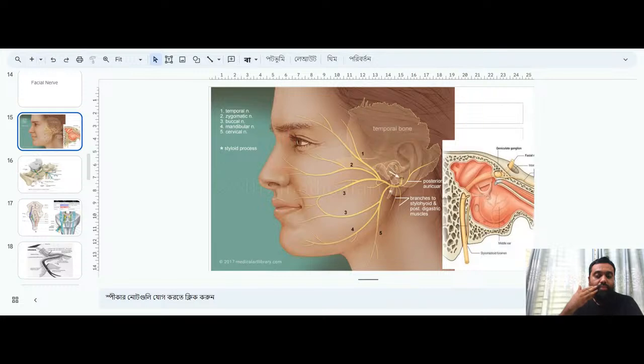I see that the eye is open, the mouth is drooping, and the face is deviated toward the normal side. One person can make a wrinkle in the forehead, and another person who also has facial palsy cannot wrinkle the forehead.